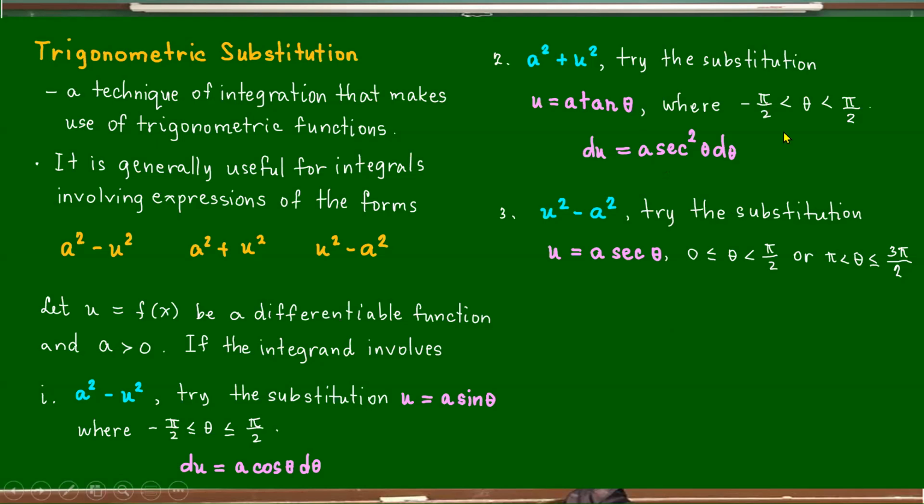Similar for secant theta. For the second substitution, you will have a trigonometric function, secant squared, in the radical, especially a square root. If you take the square root of secant squared, you just have secant theta, because secant is positive again in the first and fourth quadrant.